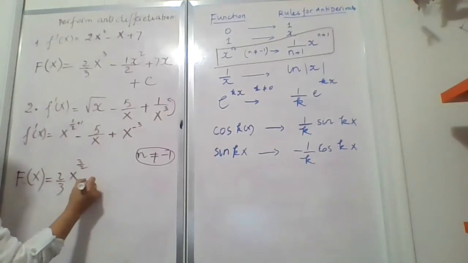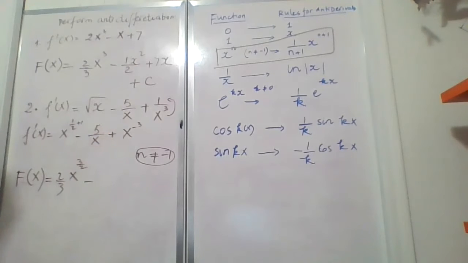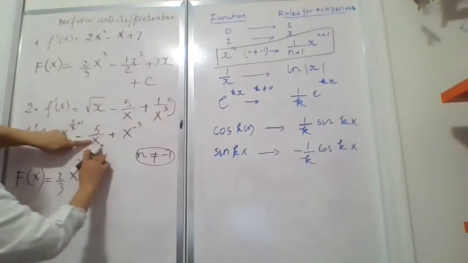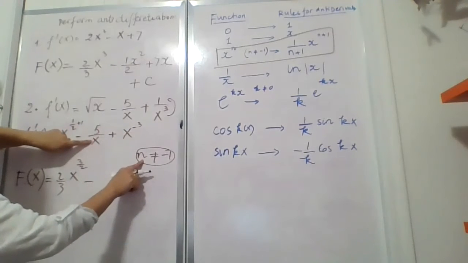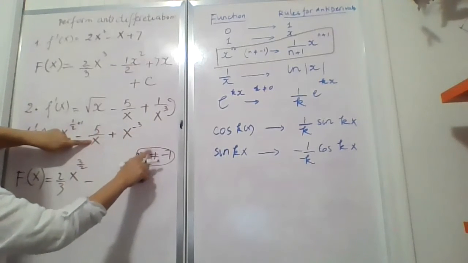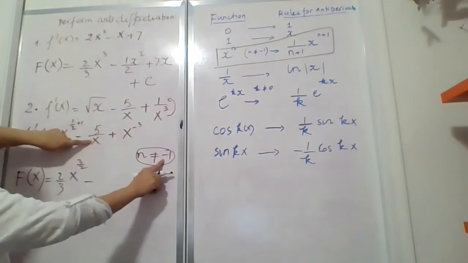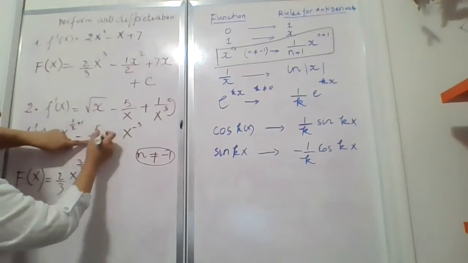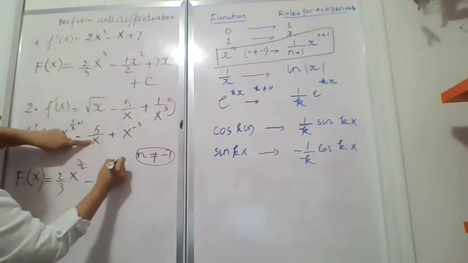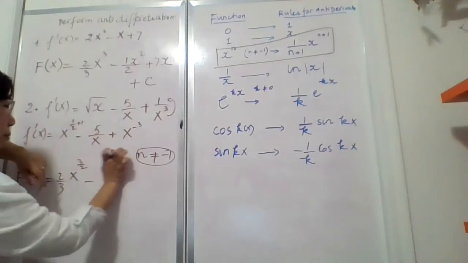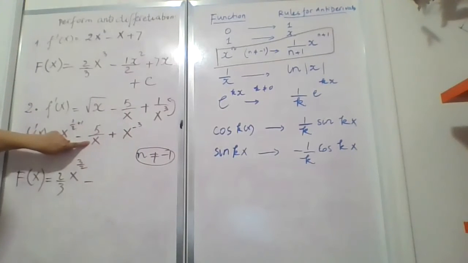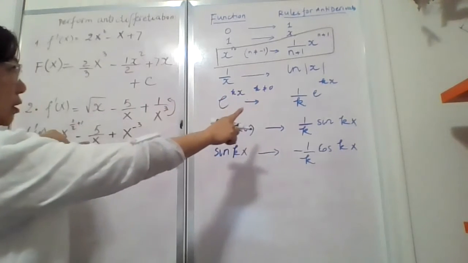right here, minus 5 over x. Now, why don't I bring this x up here like this one? The reason is because of this condition. We say whatever the power n here, it has to be different from minus 1. And if you bring it up, you get x to the minus 1. That's not allowed. That's why I don't bring it up. So for minus 5 over x, let's follow this.